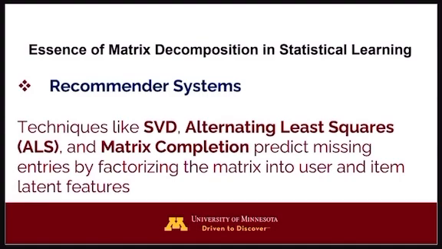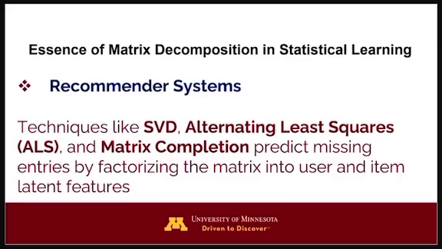Moving forward, we need to have a complete matrix before Netflix can recommend, and that was why Netflix organized a competition where they wanted researchers to estimate what is missing.